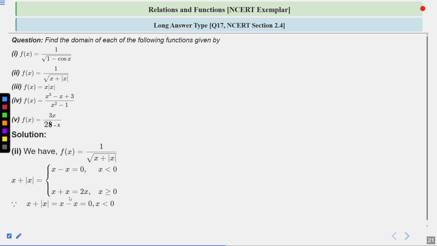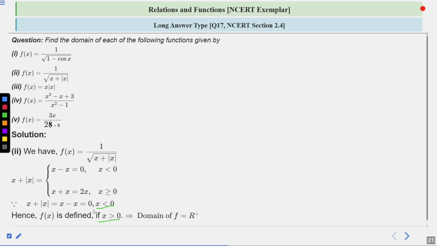Now, as x plus mod x is 0 whenever x is negative, hence f(x) is defined if x is positive. Simple. f(x) is defined when x is positive. Why? Because for any negative x, the denominator becomes 0, but we do not want our denominator to be 0.